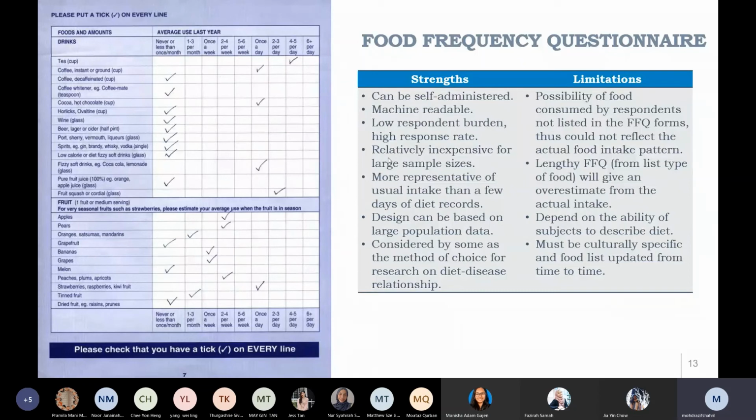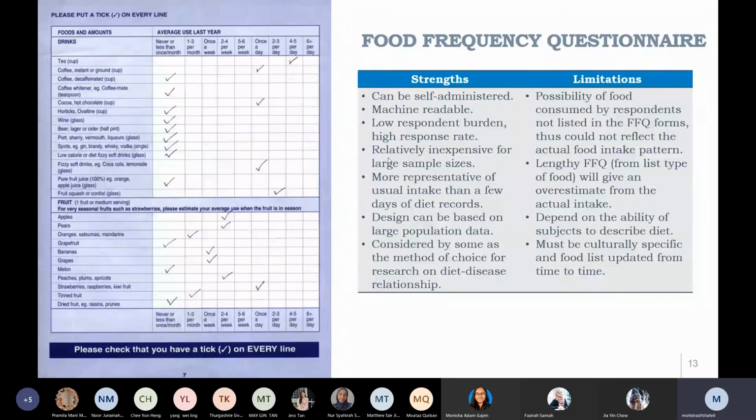Okay, but there are some limitations. There is some possibility that food consumed by the respondents is not listed in the FFQ forms, and this could not reflect the actual food intake pattern. For example, in FFQ we have nasi putih, rice. But then some people might consume brown rice maybe. So that won't be in the FFQ unless the researcher adds it.